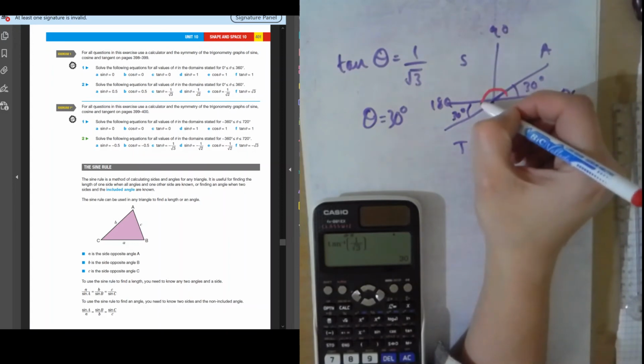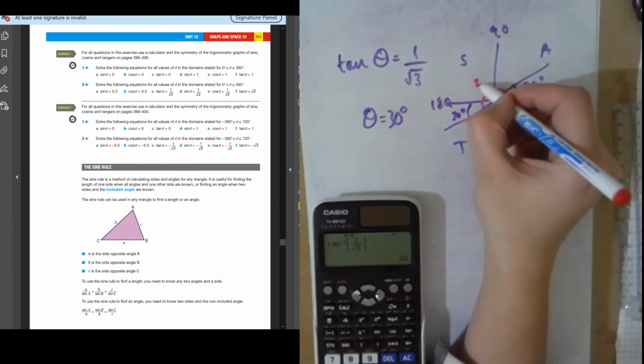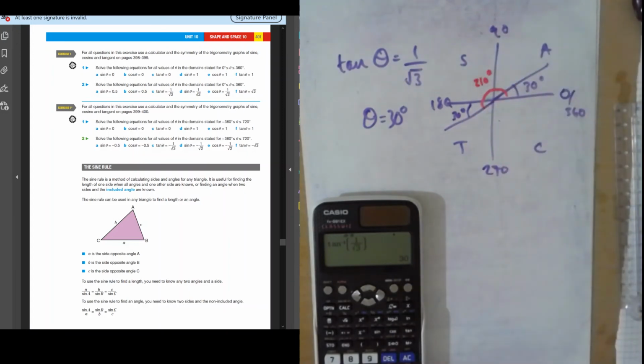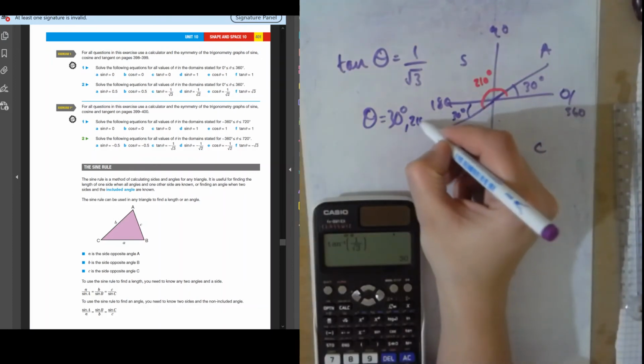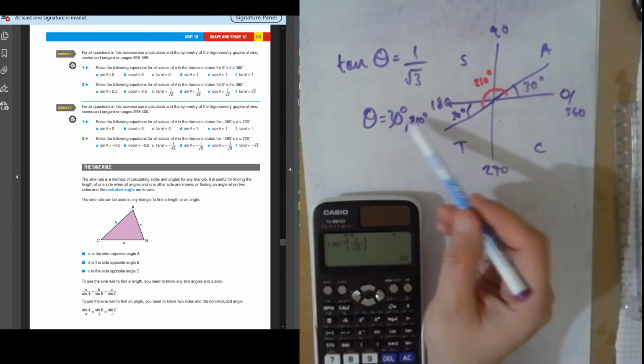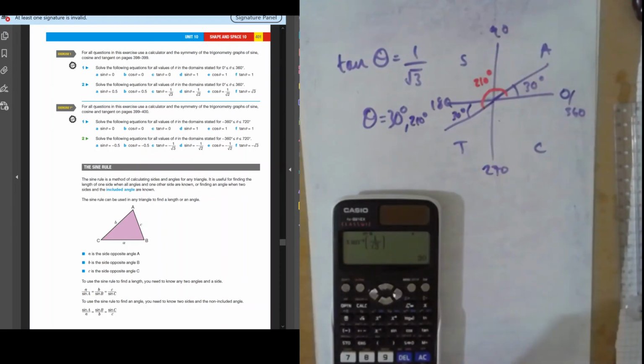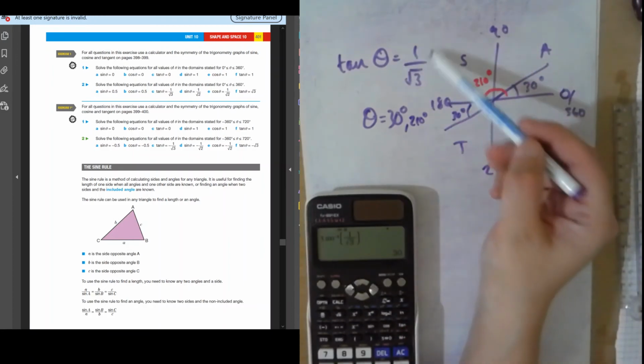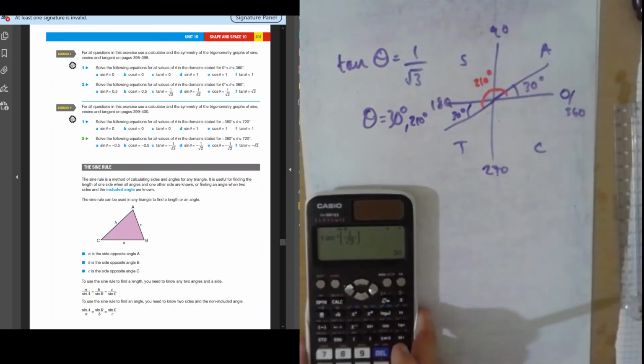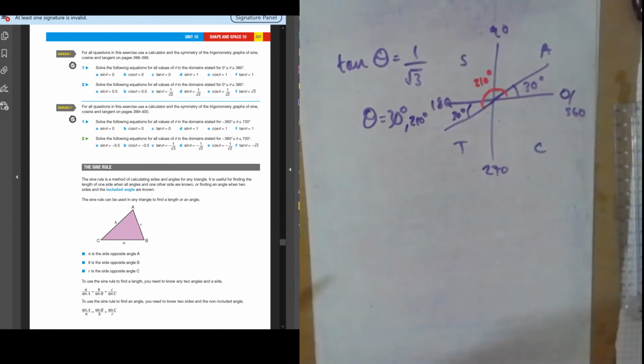This would be 180 plus the 30 degrees, which is 210. So my answer is 30 degrees and 210. If you're ever in doubt about the second angle, pop it into your calculator and it will come out with the answer you're expecting.